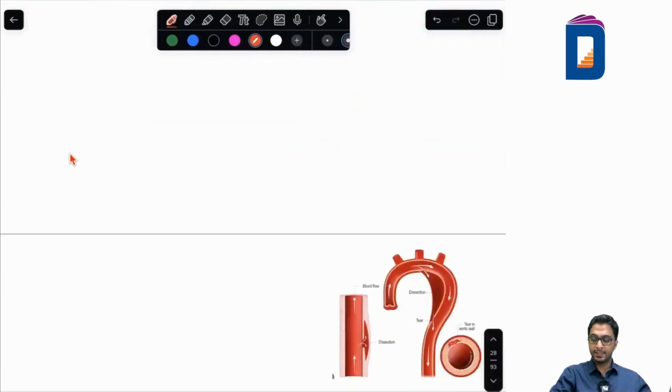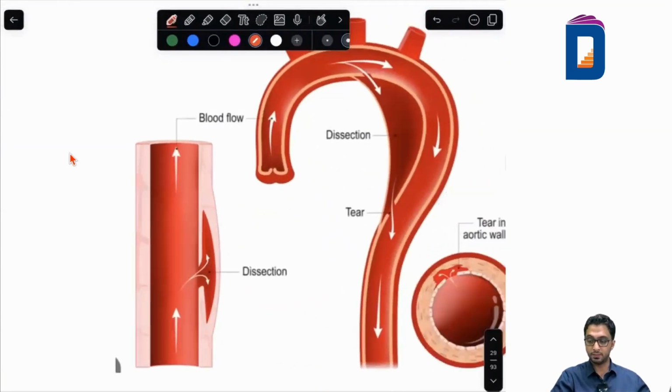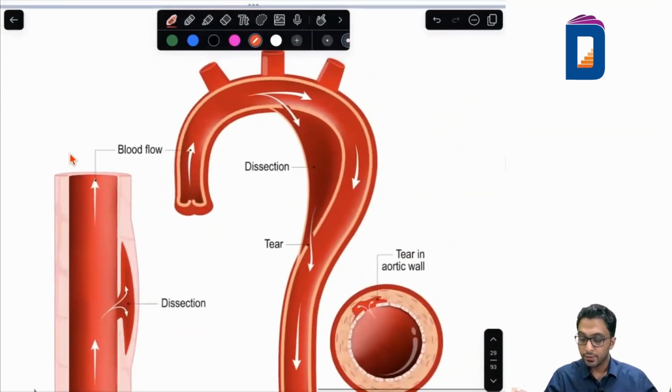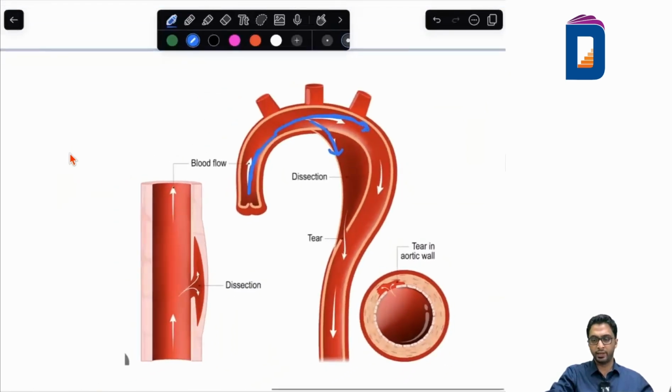This is a typical picture you can see here. Normally this is the blood flow. What happens is that another false cavity is created, which causes the blood to flow into that, leading to this particular problem.